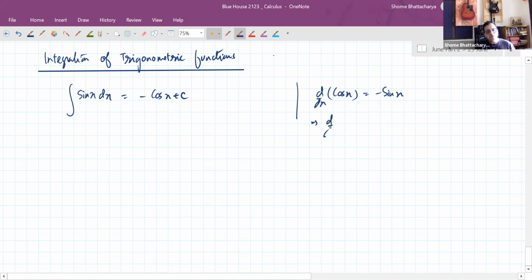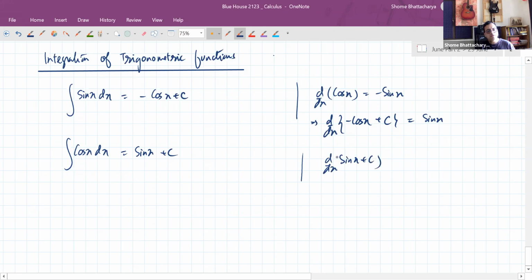So differentiation of minus cos x plus any constant is sin x. So therefore integration of sin x should be minus cos x plus c. Like that, integration of cos x is sin x plus c, because differentiation of sin x is cos x.